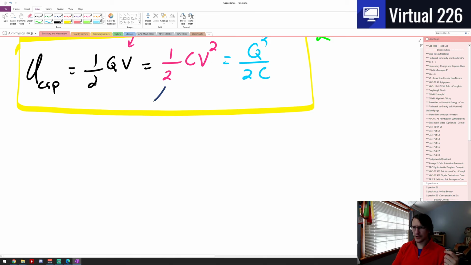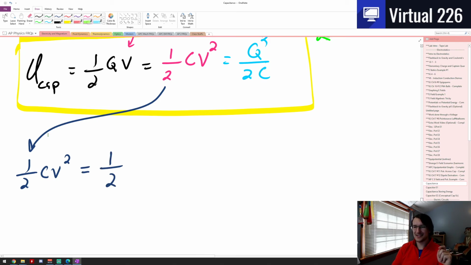If we start with this equation, 1/2 CV squared, this we could say is equal to 1/2, and then let's take this capacitance here and expand it into the geometric property we had before. So that would be kappa epsilon naught A over D, right? And then here is a voltage squared.